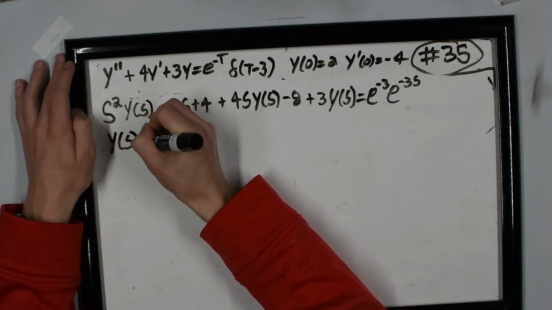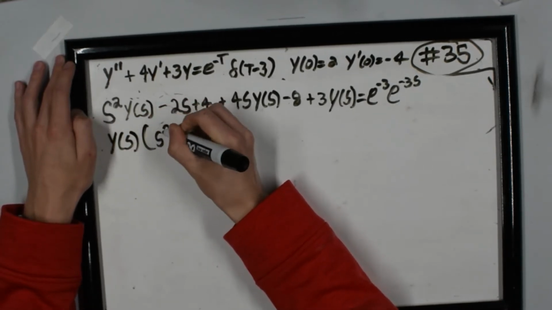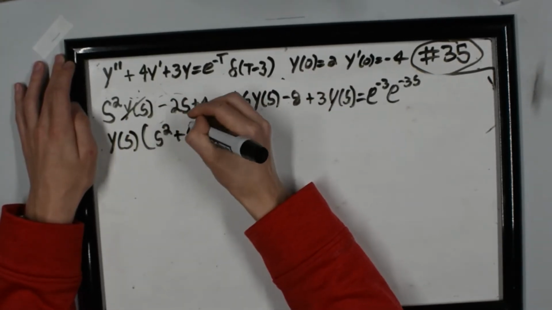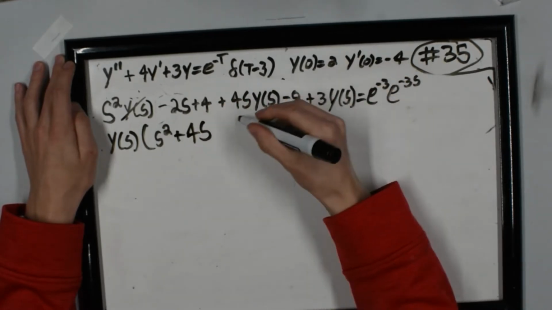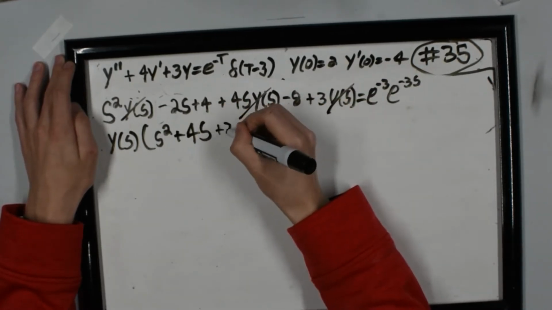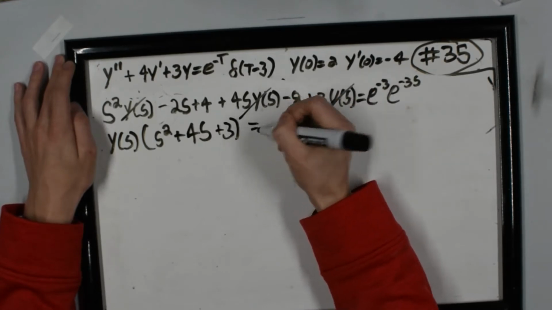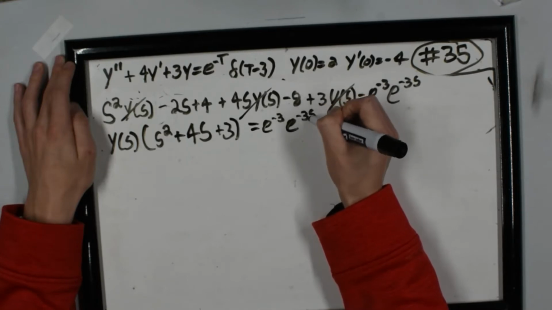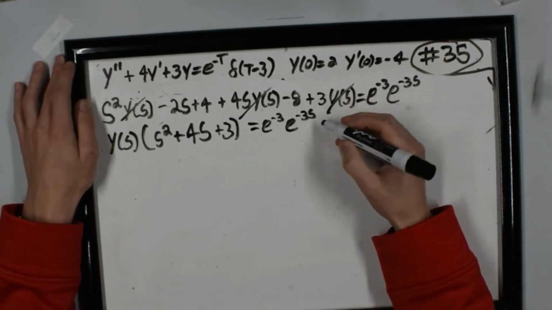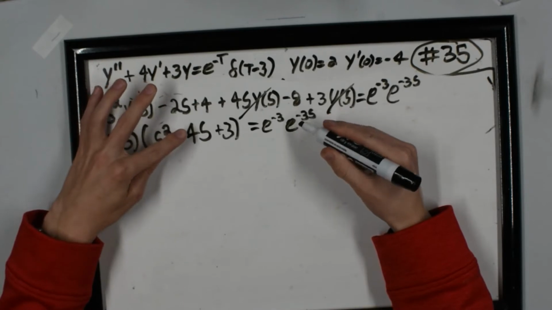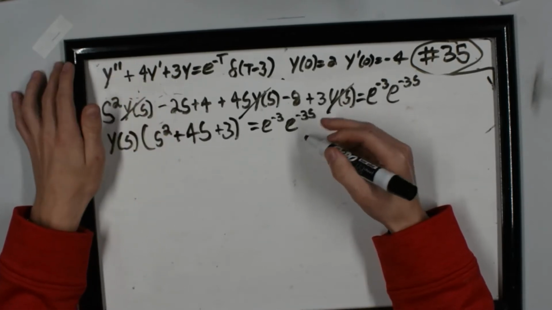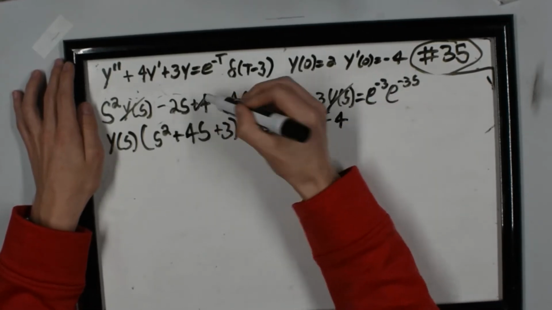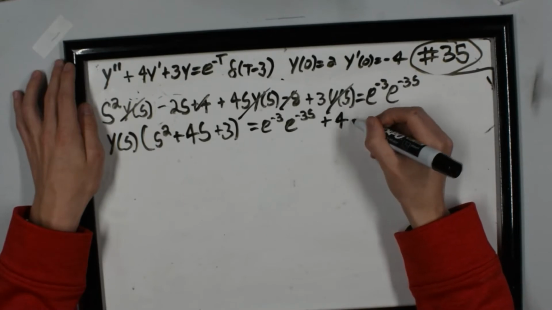So we have Y(s) times s squared plus 4s plus 3, and then it's going to be equal to e to the negative 3 times e to the negative 3s. 4 minus 8 is negative 4, so we're going to add that over, so it'll be plus 4 over here. So 4 minus 8, and then plus 2s.